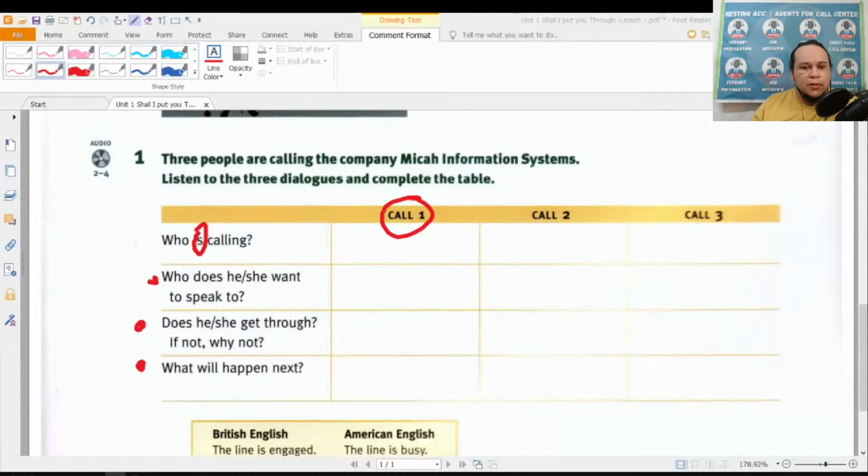All right, so who is calling, everybody? Question number two: who does he want to speak to, or who does she want to speak to? Question number three: does he get through, or does she get through? If not, why not? And last but not least, what will happen next?